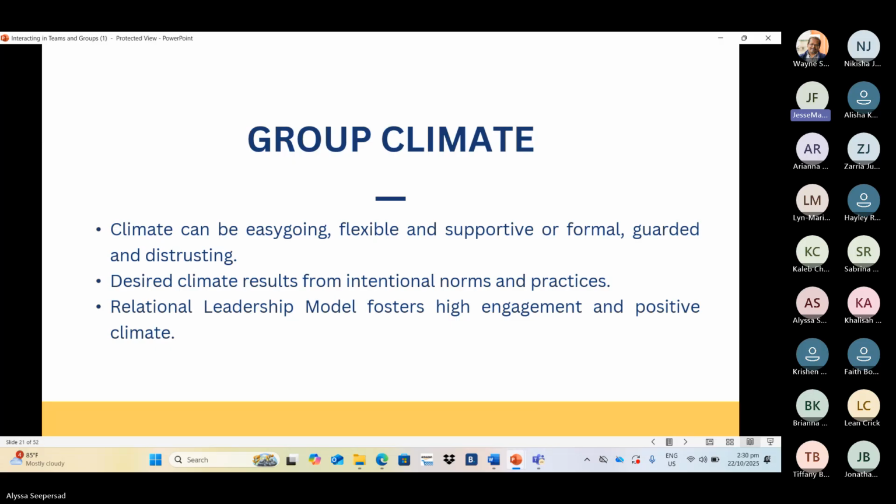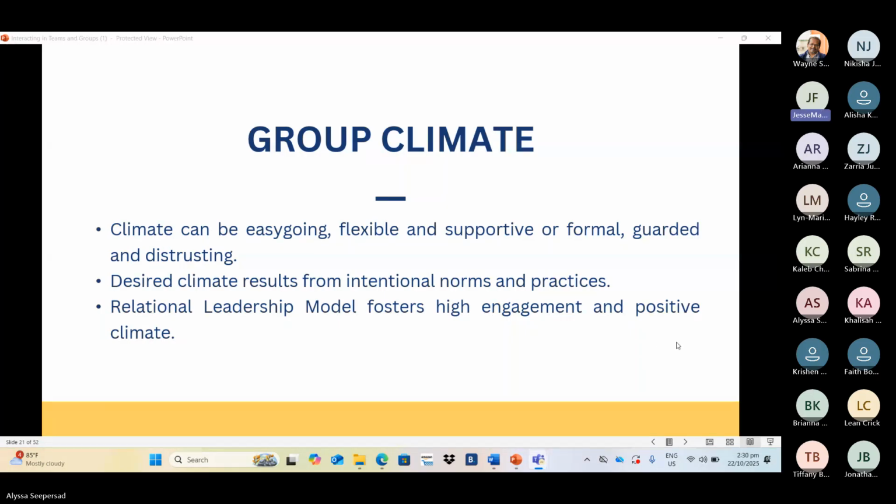The relational leadership model is designed to emphasize building strong, trusting relationships so that members can feel highly engaged and included. It prioritizes creating an environment where each member feels valued and heard and supported.